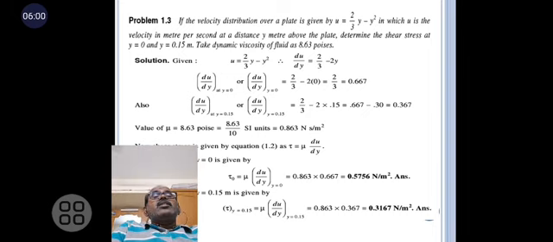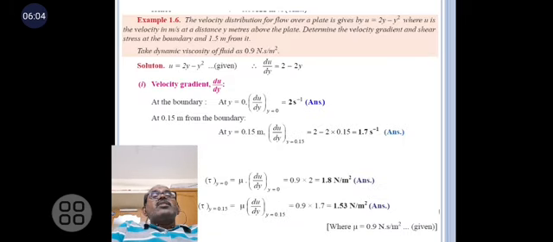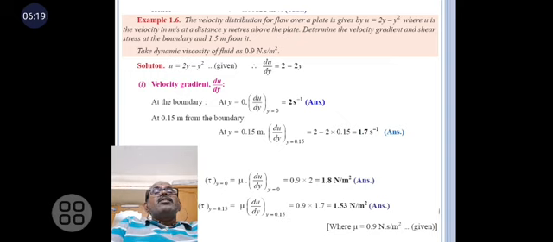Next, we will solve problems in this category, that is viscosity. The velocity distribution over a plate is a second order equation, a parabolic curve, where u is the velocity in meter per second and y is the distance. From that we have to determine the velocity gradient as well as shear stress at the boundary and at 0.15 m from the boundary.